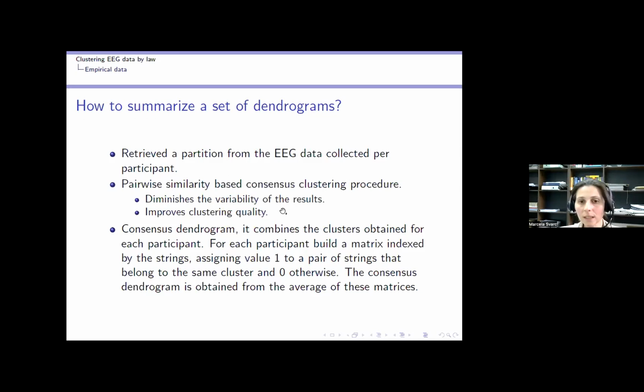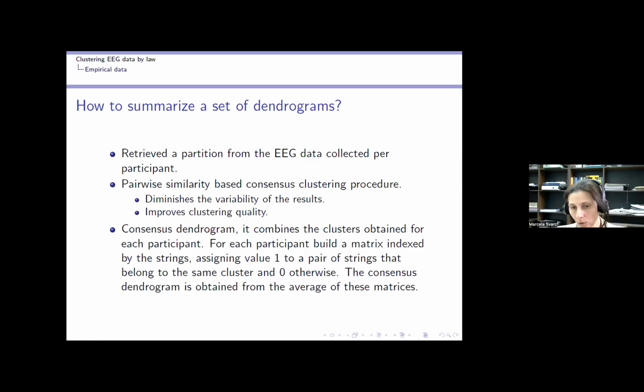So we are going to build a consensus clustering. What is a consensus clustering? Well, we will have a clustering for each participant, and then what we should do is to combine all those results. For each participant, we will build a matrix indexed by the strings, assigning a value 1 where those two contexts belong to the same cluster, and value zero otherwise.